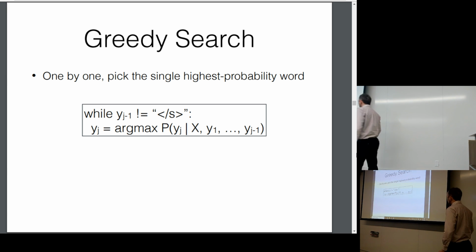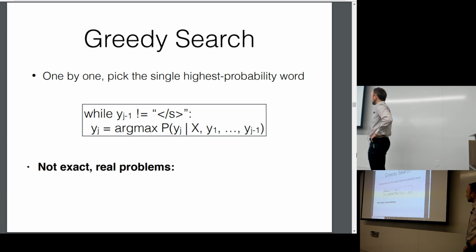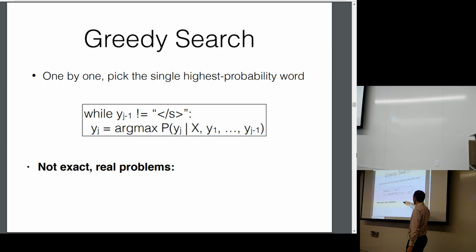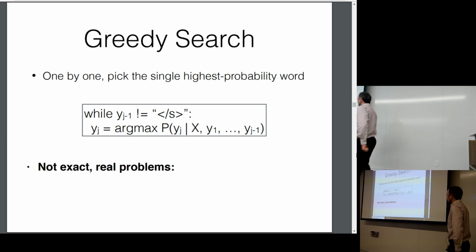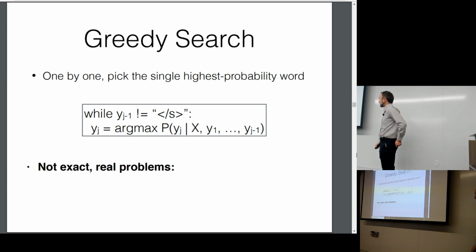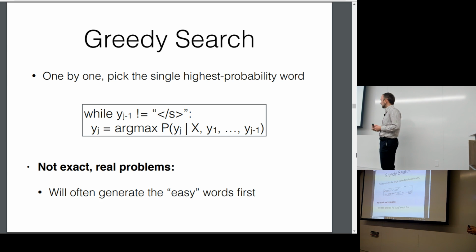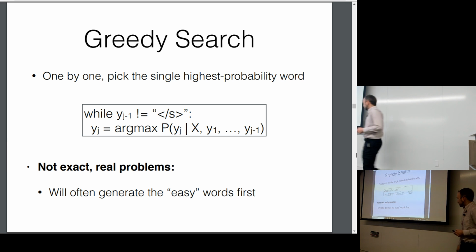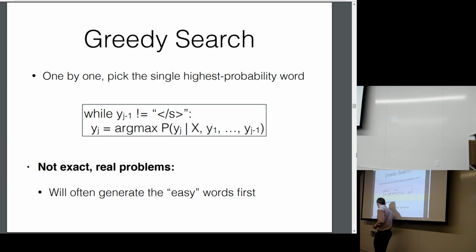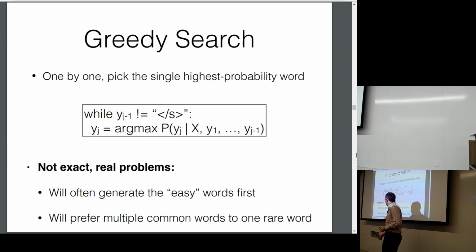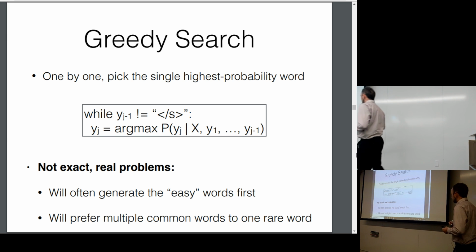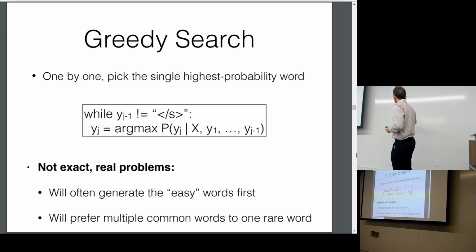And this is not exact, because while it's exactly picking the word with the highest probability for the next time step, it's not exactly calculating the full sentence with the highest probability. So this results in it often generating the easiest words first, and it will also prefer multiple common words to one rare word.